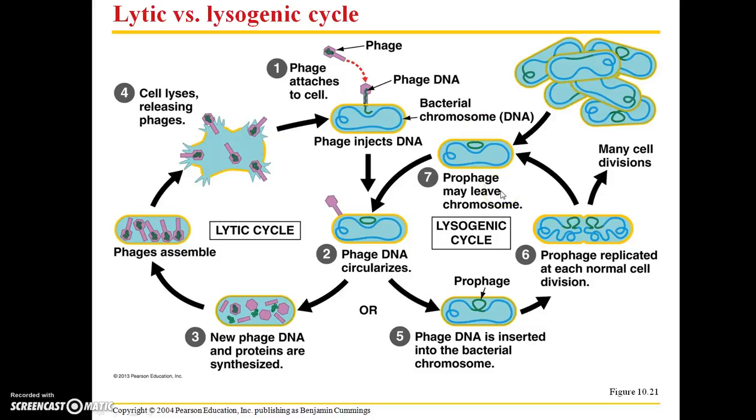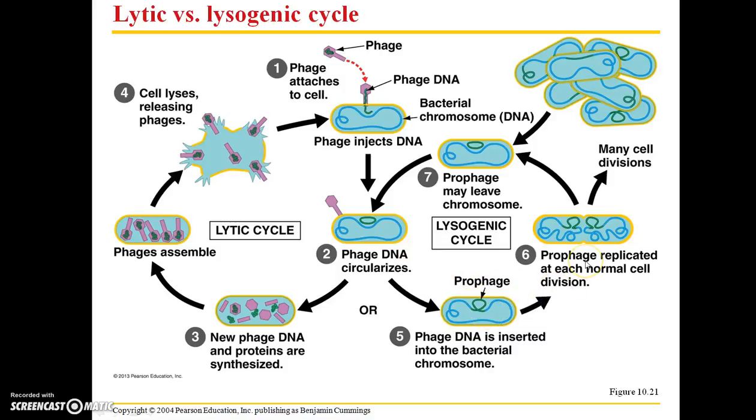With the lysogenic cycle, after that phage DNA circularizes, it could enter into this prophage stage, in which the phage DNA is inserted into the bacterial chromosome. So it basically becomes part of the bacterial chromosome.